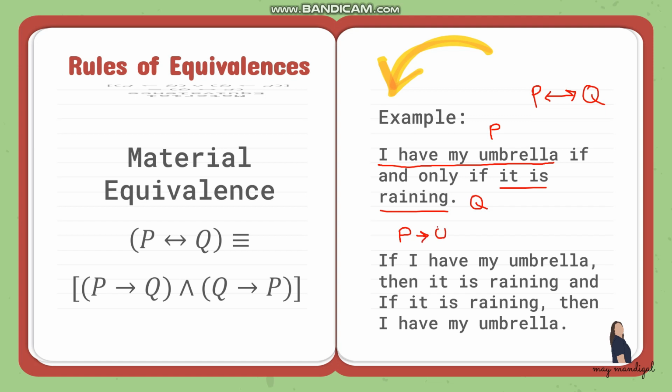If P, then Q. And, if it is raining, so that is Q, then I have my umbrella, then P. So if P then Q, and if Q then P. This is again similar with the biconditional statement: I have my umbrella if and only if it is raining.